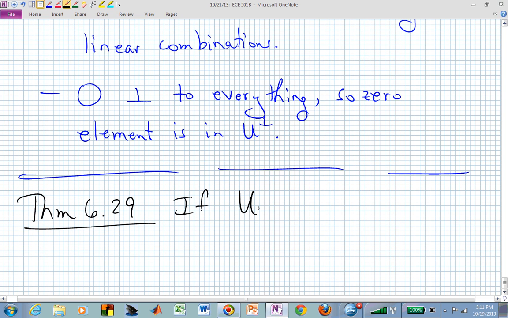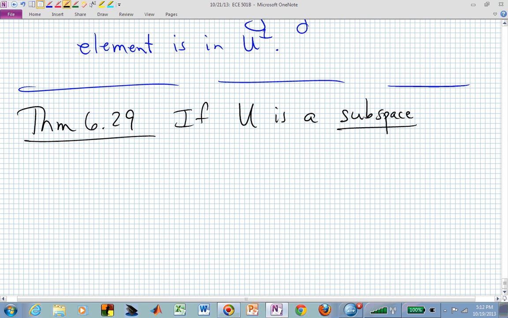If this first thing that we start with, capital U, is not only a subset, but also a subspace, so it has to contain the zero vector or zero element, and it needs to be closed under vector addition and scalar multiplication, then we can decompose our linear vector space V as a direct sum decomposition of the subspace U and U perp, or its orthogonal complement.